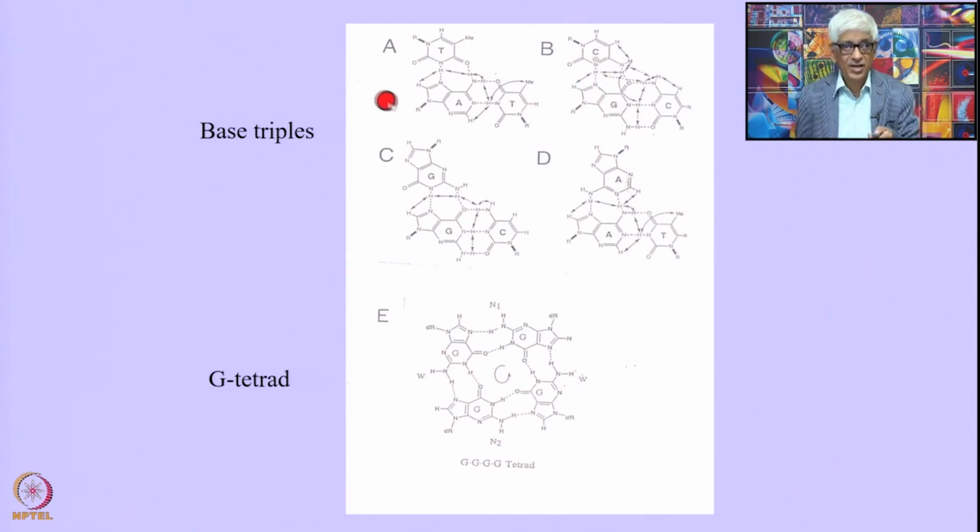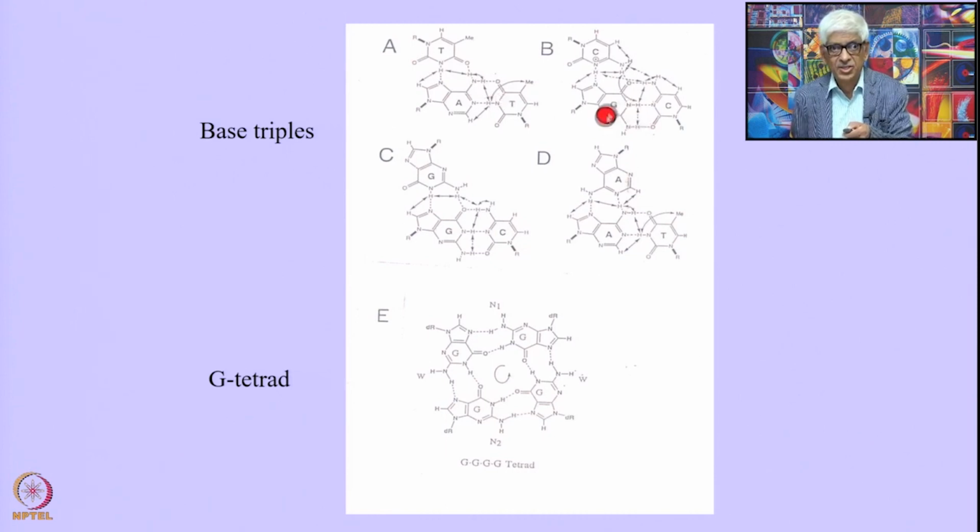And look here, in this base pairing, in the free position the N7 position is used up for base pairing with the 3rd base. The oxygen uses this amino proton, and the N7 is used up for the T. So, this kind of triple base pairing is possible.